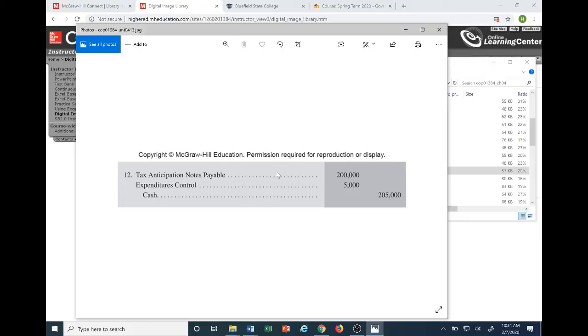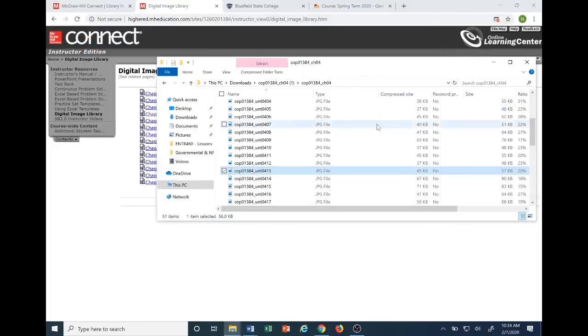Most of these short-term tax anticipation notes payable will be seen within the governmental funds. But in case it is within an internal service fund or something like that, it would be an expense as opposed to an expenditure. So the main thing is to count the interest as the expenditure or expense. The other is just a wash: the debit washes out the credit of the relative liability.